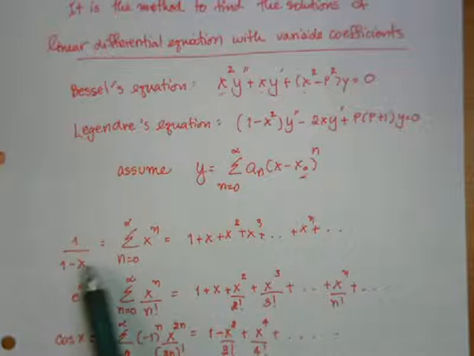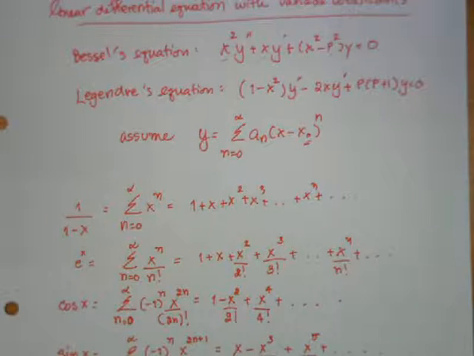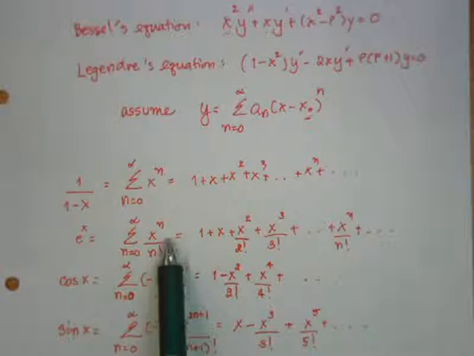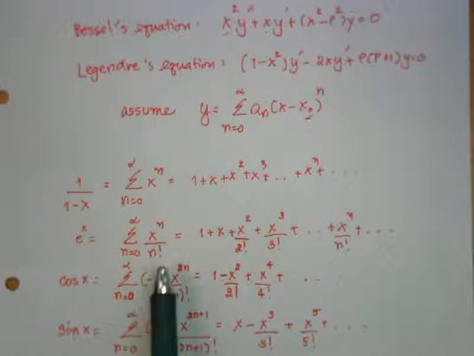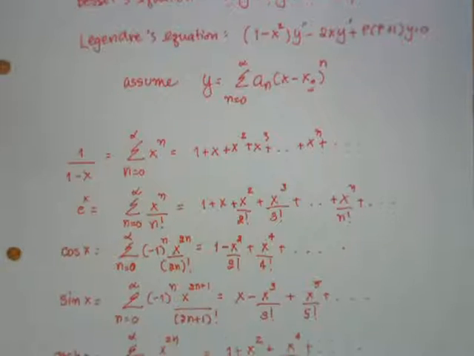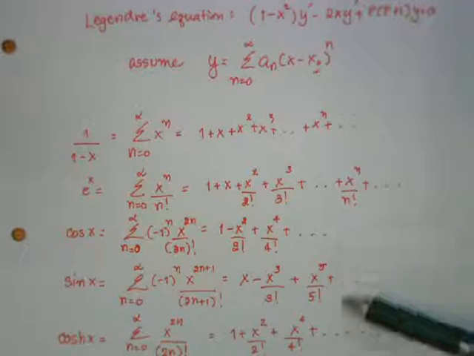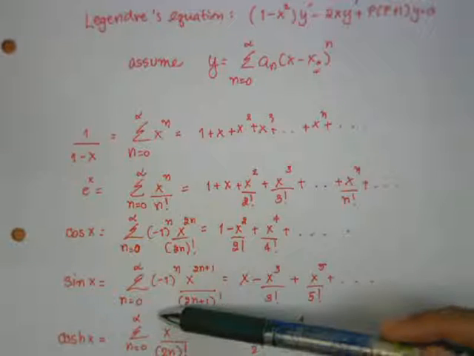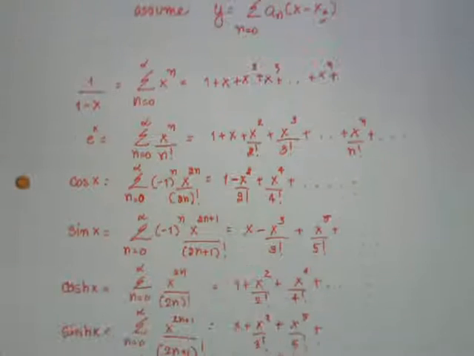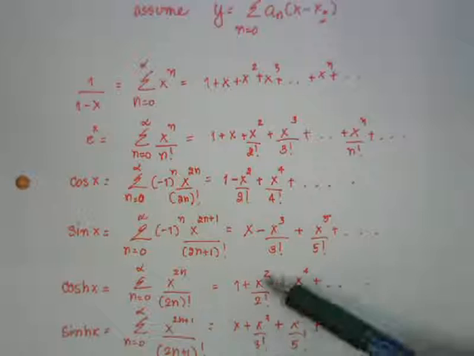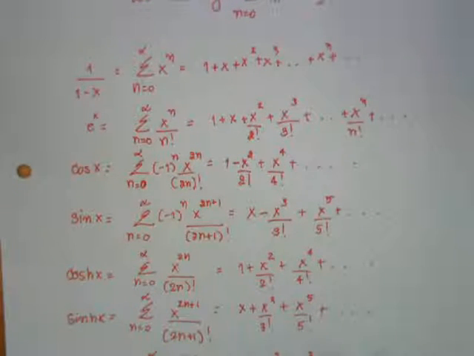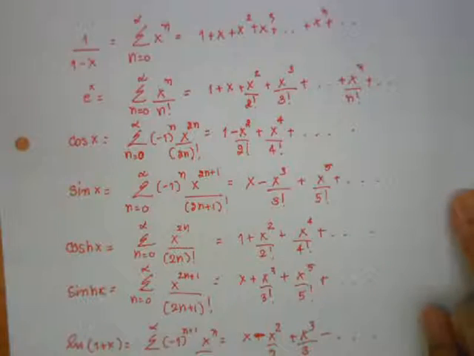Or if you want the exponential, you know that the exponential is equal to the summation of x to the power n divided by n factorial. For cos and sine, here is the power series expressed in terms of cos and sine, and also cosh and sinh, and ln of 1 plus x. These are just the functions that you should know.